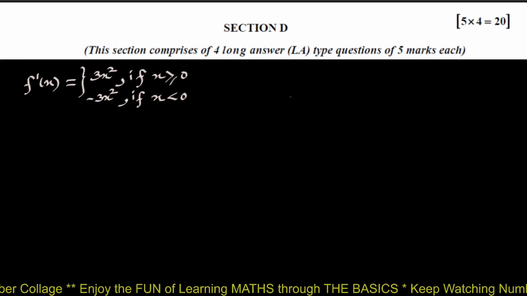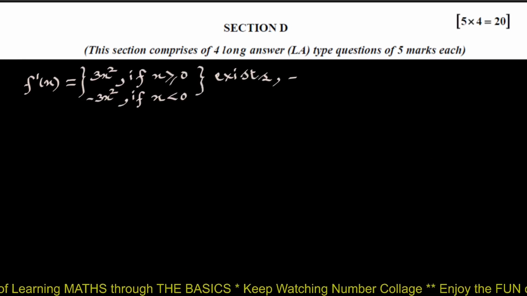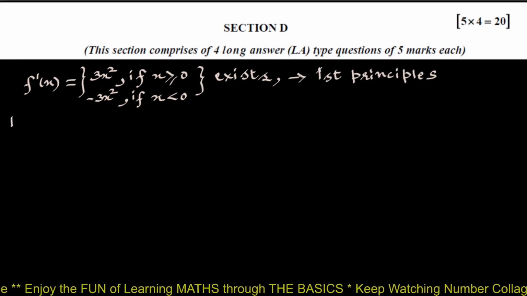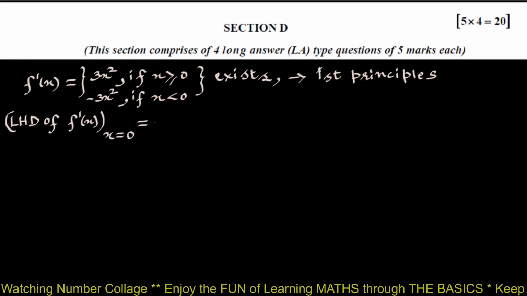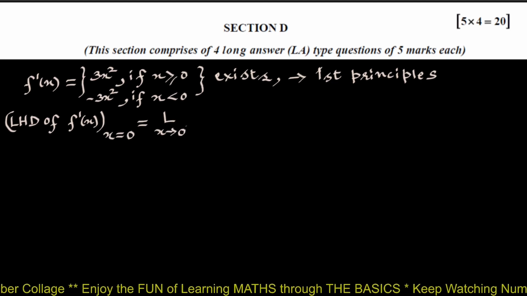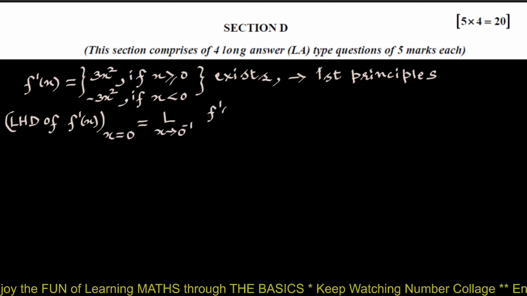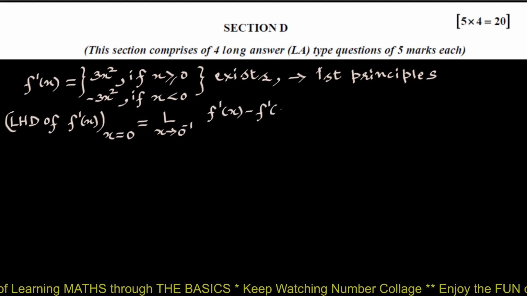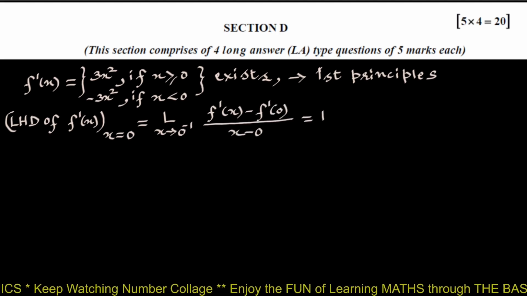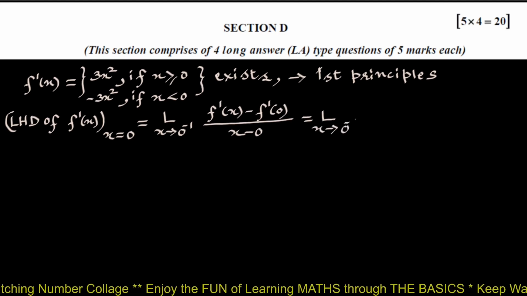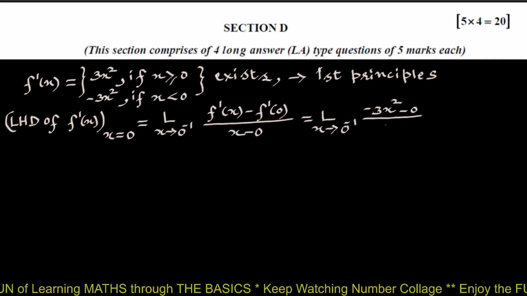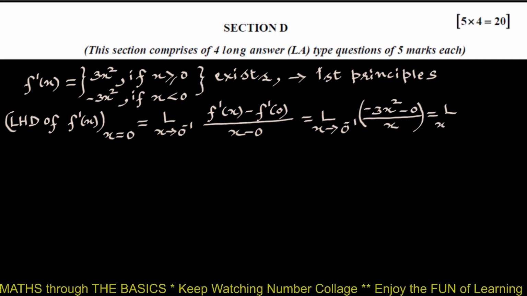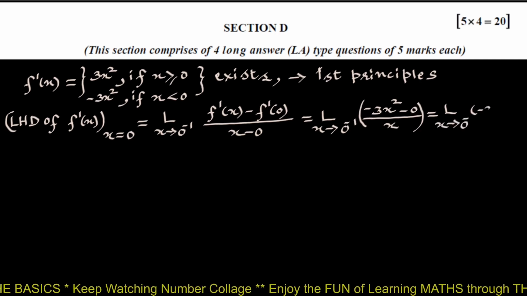Now we will check whether f dash of x as found earlier is differentiable, again using the derivative from first principles. So the left hand derivative of f dash x at x equals 0 is limit as x tends to 0 negative of f dash of x minus f dash of 0 upon x minus 0, which is left hand limit at x equals 0 of minus 3x square minus 0 upon x, which is left hand limit at x equals 0 of minus 3x, that is 0.